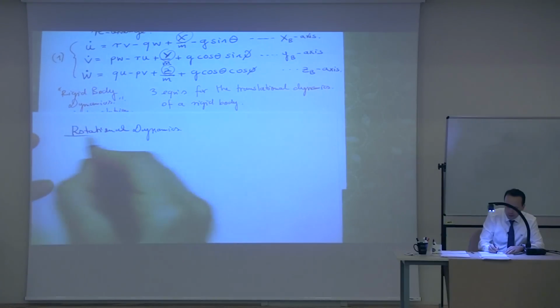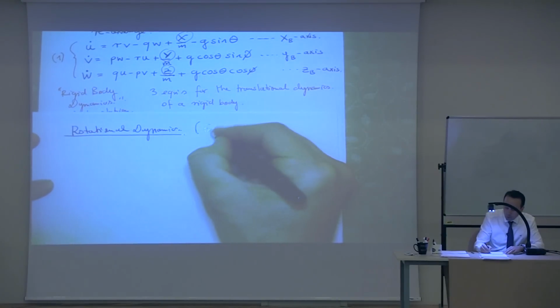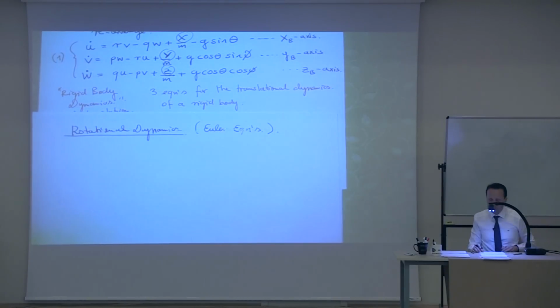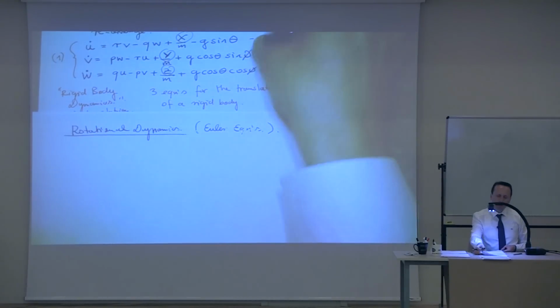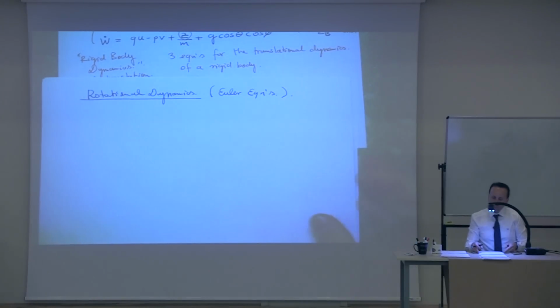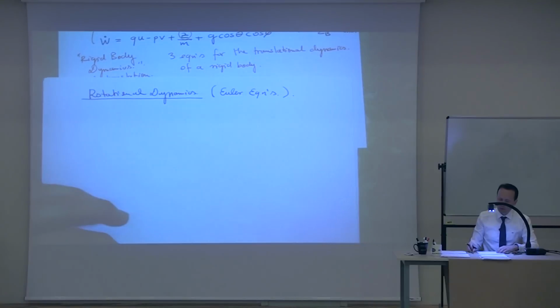Okay, the rotational dynamics. So this is the second part of it. And these equations we would call the Euler equations. The Euler equations were obtained using Newton's formula, of course, but using a lot of particles, taking moments and things like this, and you would find something called the Euler equations.